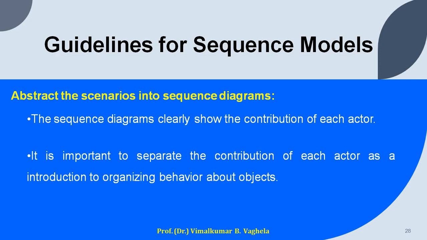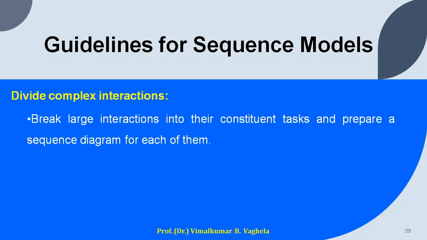The sequence diagram clearly shows the contribution of each actor. Always remember that you must describe the contribution of each actor in the given sequence diagram. So it is important to separate the contribution of each actor as an introduction to organizing the behavior about the object.